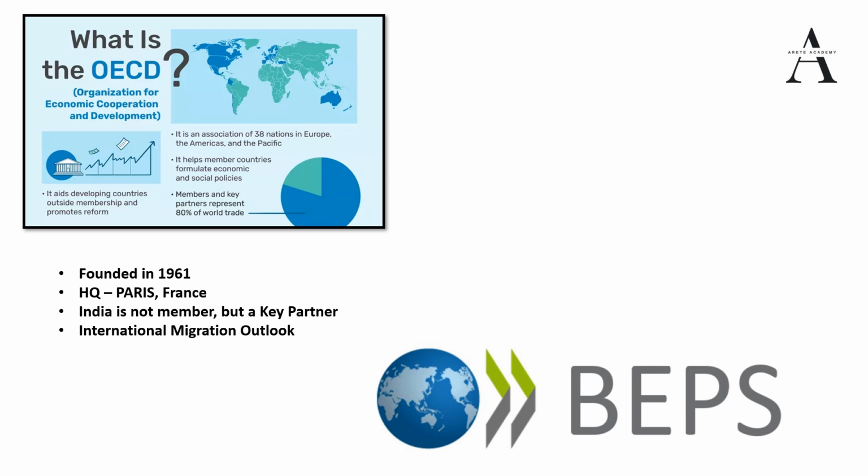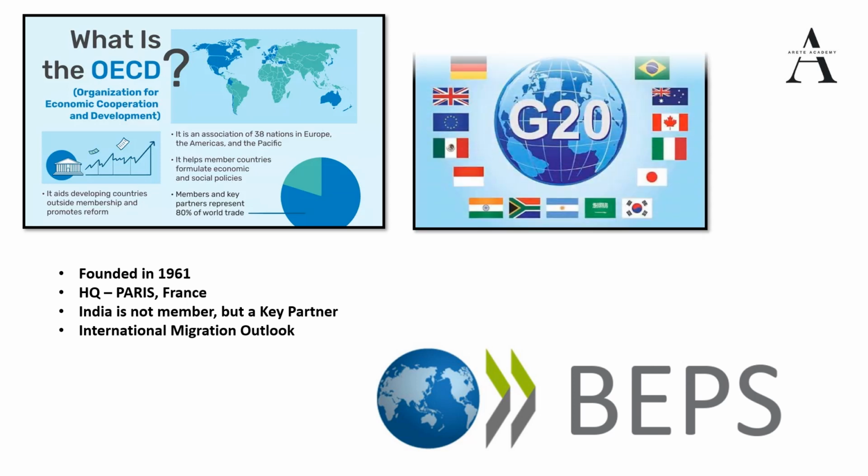Okay, and OECD can be categorized as a think tank which works on economic issues, and time to time they come up with certain recommendations, observations, reports with respect to global economy. So OECD's reports have been given more importance by G20 group.